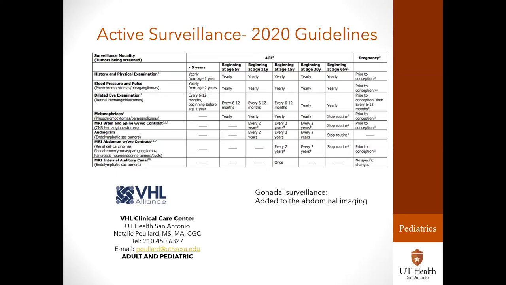Starting with retina screens from a very early age, 1 year of age, all the way to looking for abdominal masses in the kidney, adrenal, or pancreas at around 15 years of age, and continuing yearly or every 2 years until about age 65, by which time the established clinical manifestations of the disease are expected to be fully penetrant. Next, please.